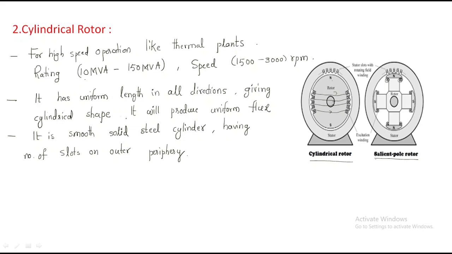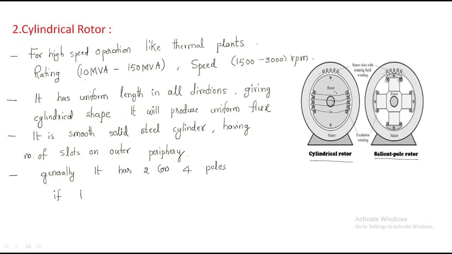Generally any cylindrical rotor is made with 2 or 4 poles.